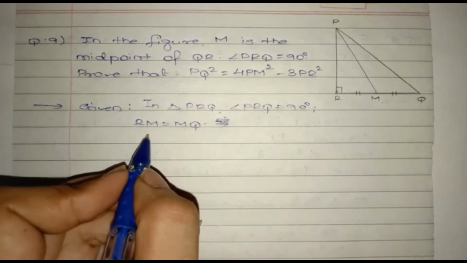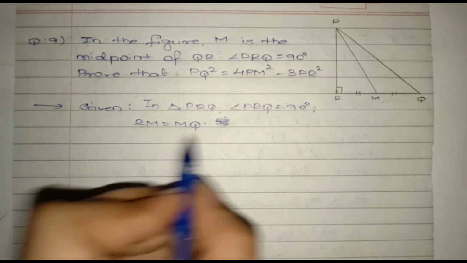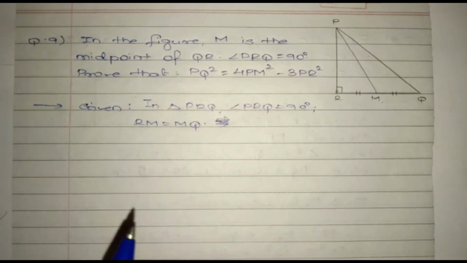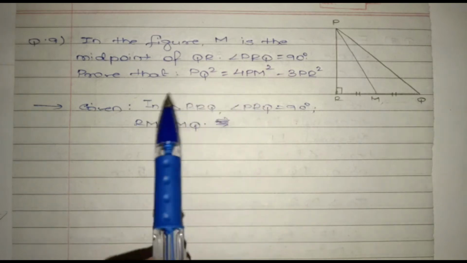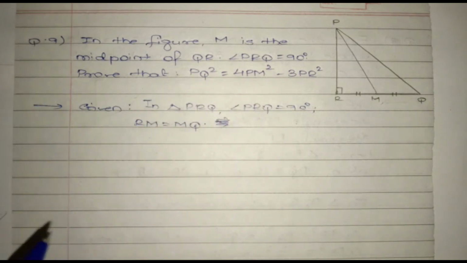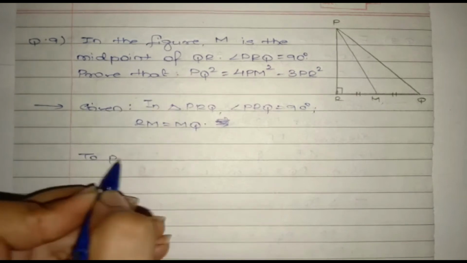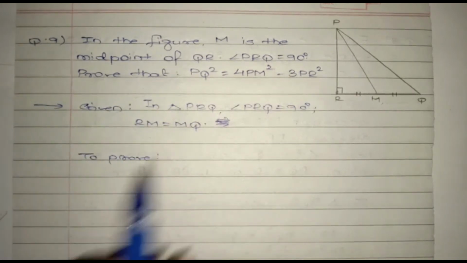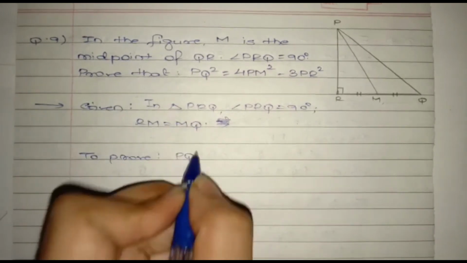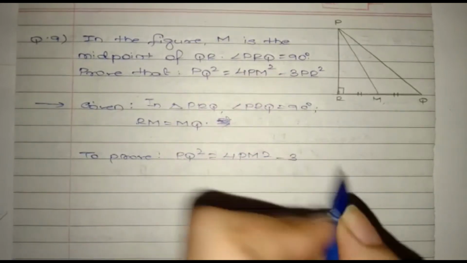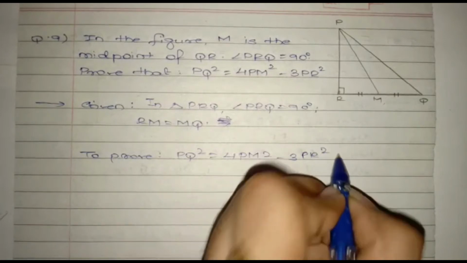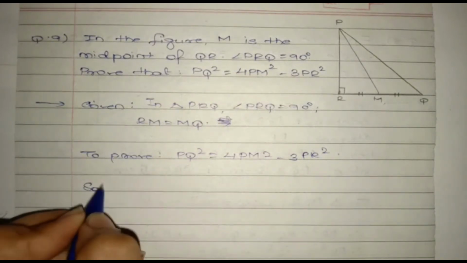I'll write the other things later. Now we have written the given terms. Now to prove, what we have to prove: PQ square is equal to 4PM square minus 3PR square.